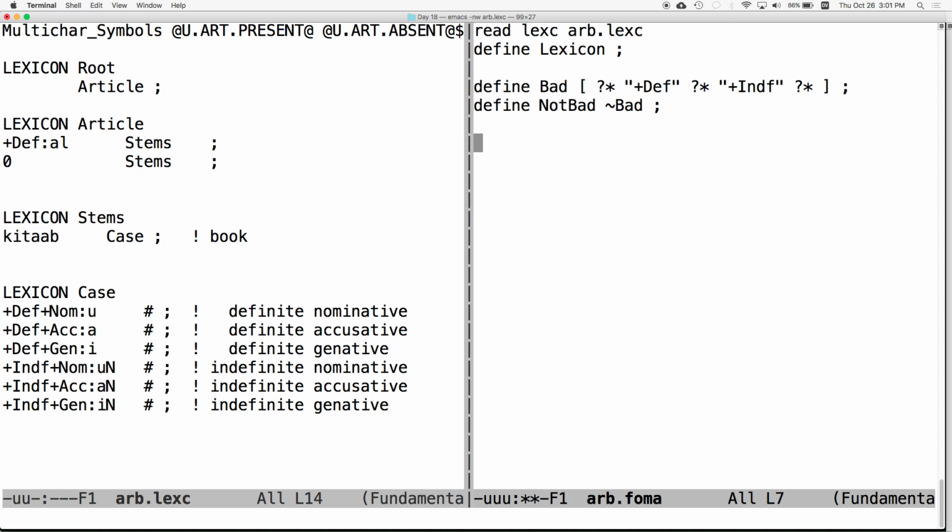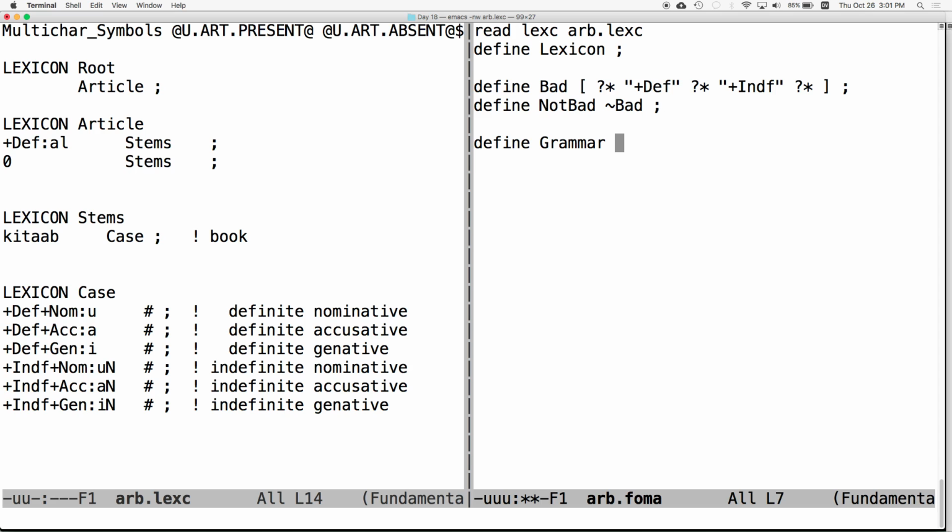And now define grammar as what? Is it the lexicon composed with not bad, or is it not bad composed with the lexicon? Why?